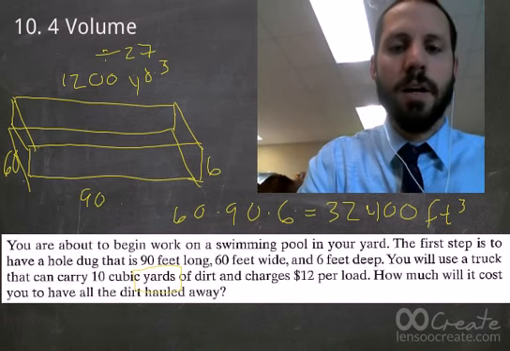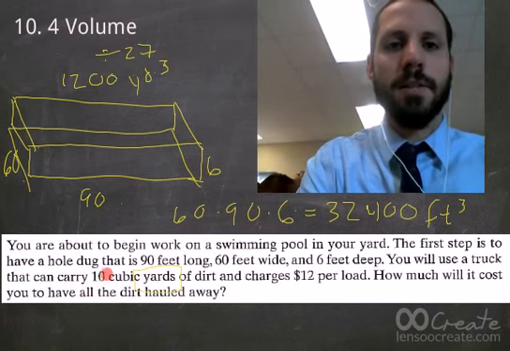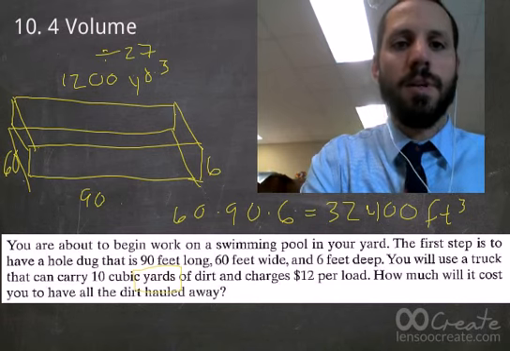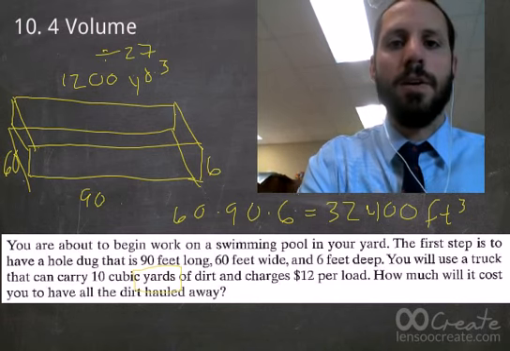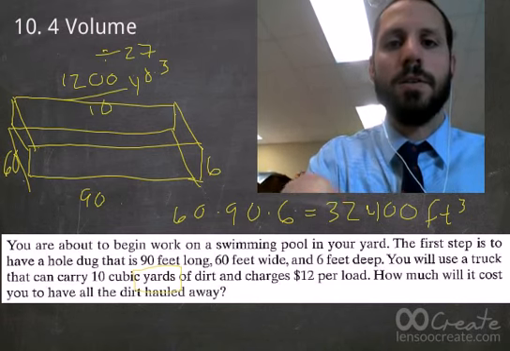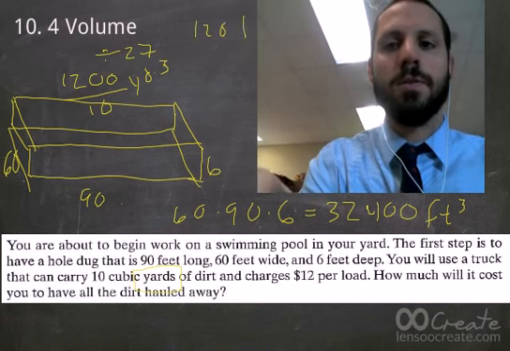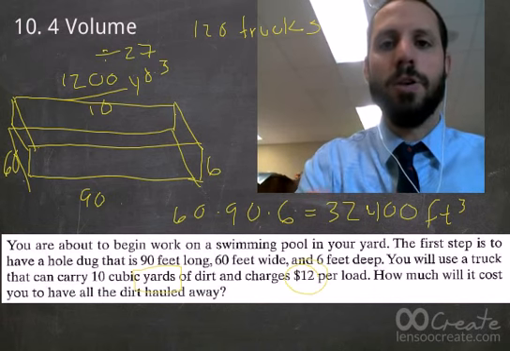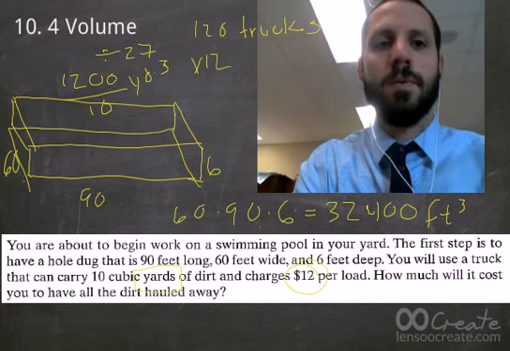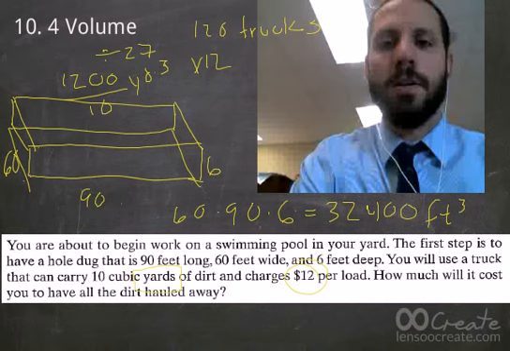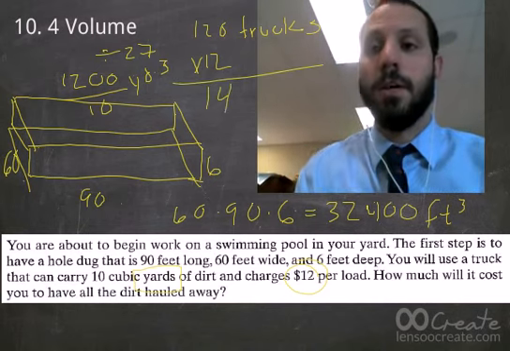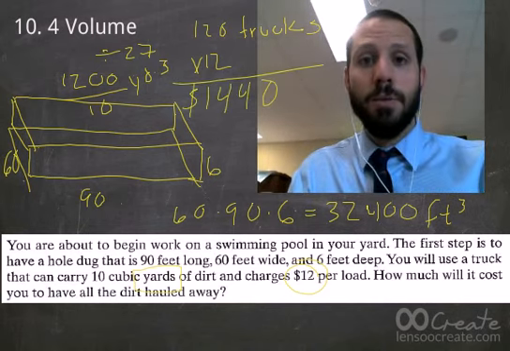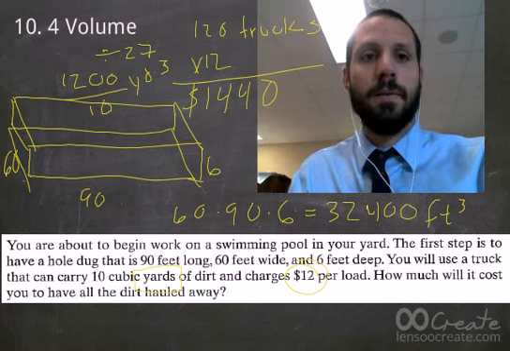If our truck can haul away 10 cubic yards, how many truckloads is it going to take? So if we divide by 10, we're going to have 120 truckloads times $12 per load. It's going to cost $1,440 to have our dirt hauled away to build our swim pool.